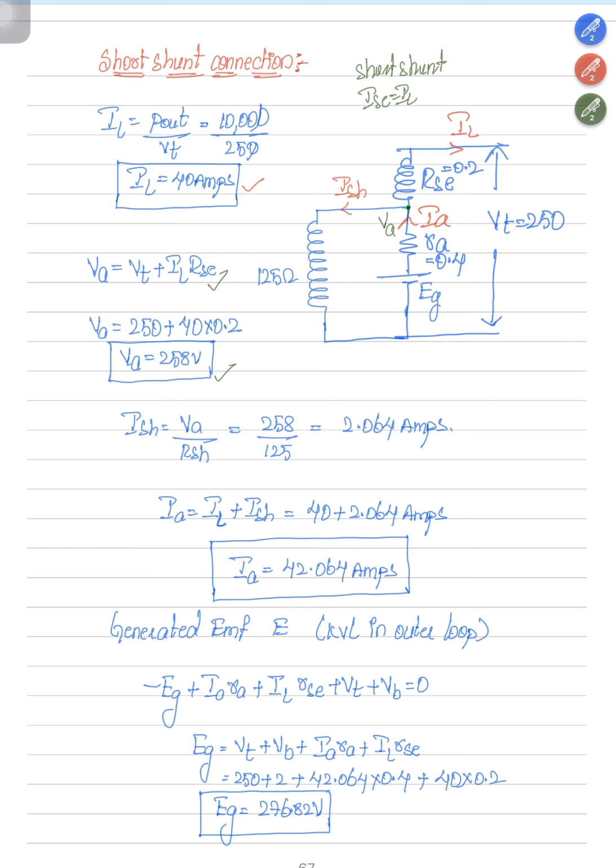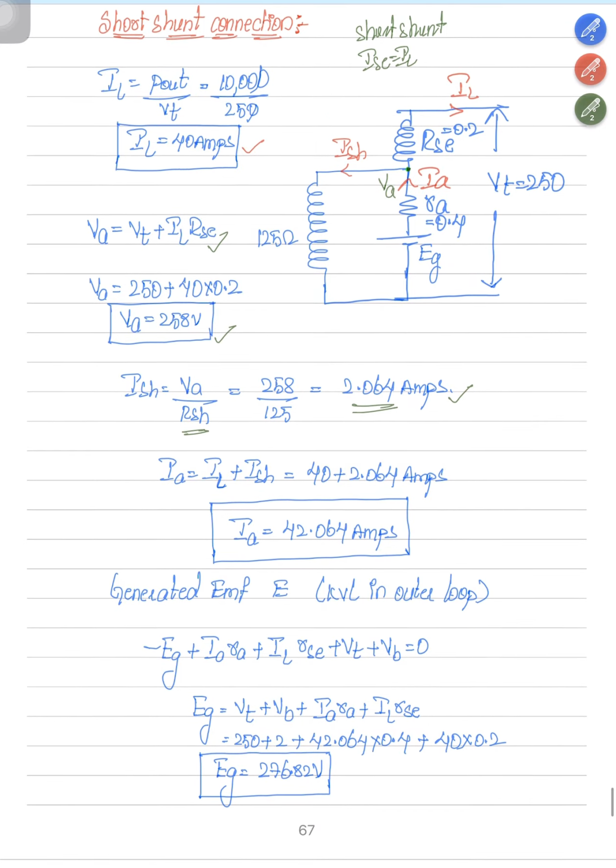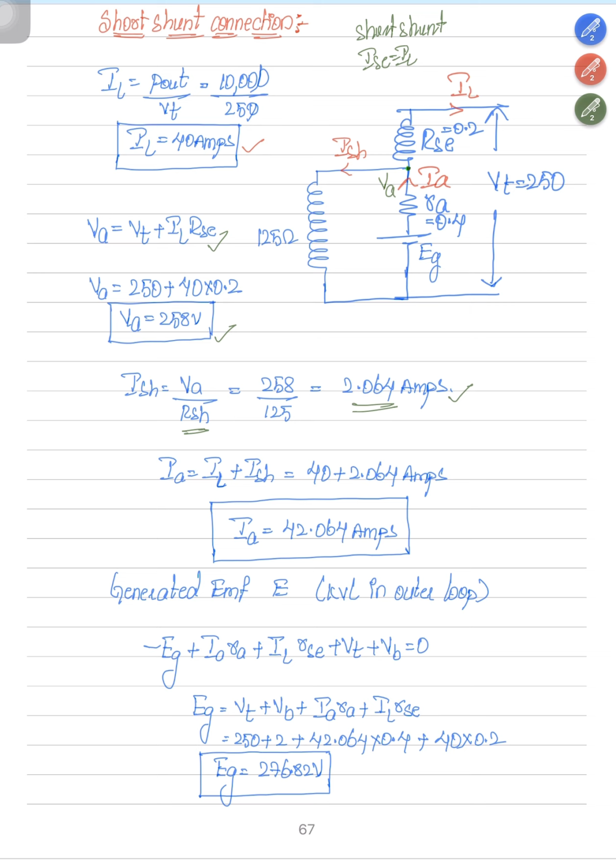After finding the armature voltage, we need to find the shunt field current. Shunt field current is ISH equal to VA by RSH, so the shunt field current is 2.064 amps. By applying simple KCL, IA equals IL plus ISH, and the armature current will be 42.064 amps. Now we need to do basic KVL in this particular loop.